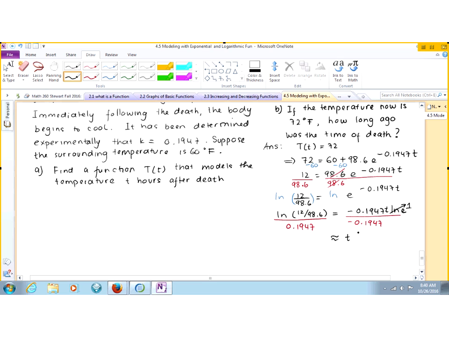I get 10.9, but how come I get negative? Oh yeah, I have to divide both sides by negative. So 10.87, approximately 10.9. So approximately how many hours ago? Approximately 11 hours ago. Wow, we are detectives. Are we okay so far? Do one more?